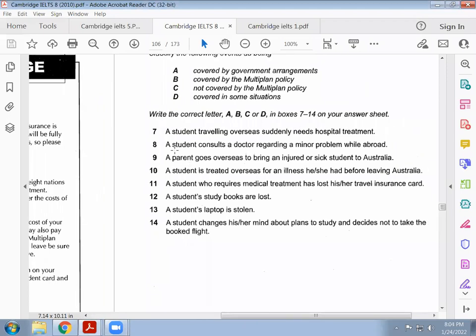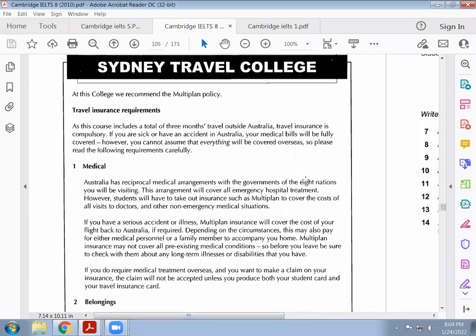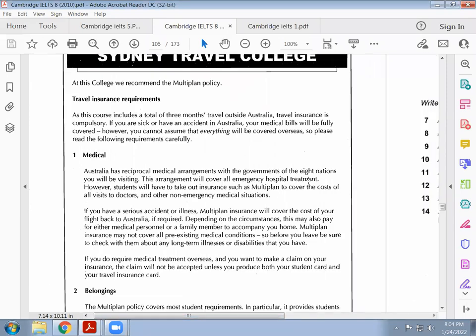Our second question, question number 8, is, a student consults a doctor regarding a minor problem while abroad. So that was sudden, an emergency situation. This is a minor problem. Who will cover this? So I'm searching for minor problem. My first answer was here, so I'm reading from the next line.